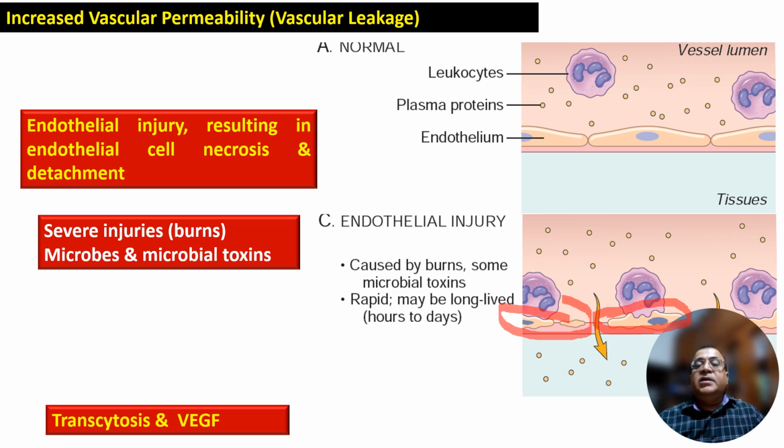There can be increased transport of the fluid or proteins through the endothelium, that is termed transcytosis, and it involves intracellular channels usually, and it is stimulated by certain factors such as vascular endothelial growth factor that promotes this vascular leakage.